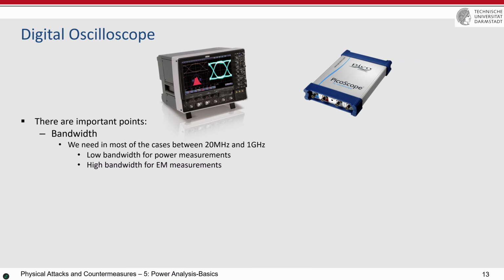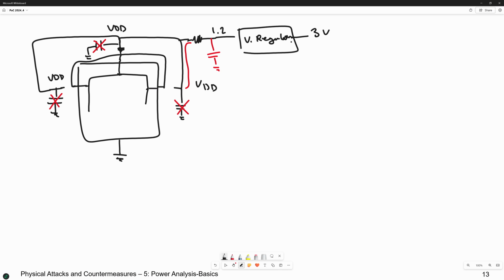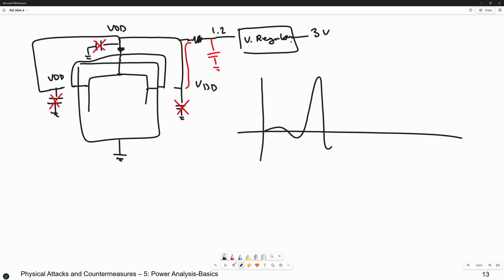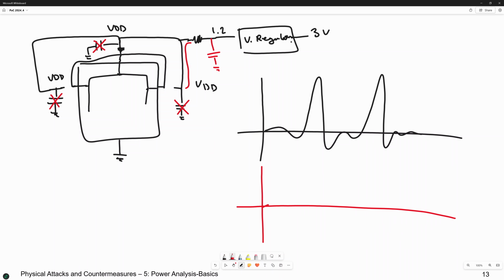And for EM measurements, the situation is different. If the power consumption signal is something like this, for example, every clock cycle we will see, then the EM signal, if you measure it at the same time, will be something like this.